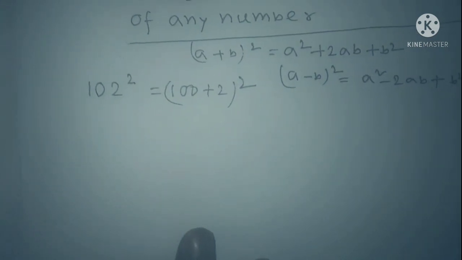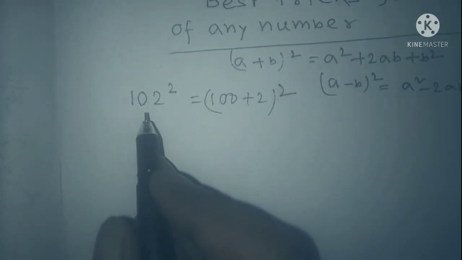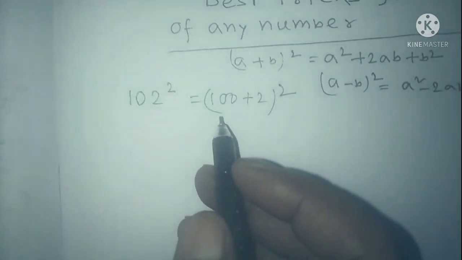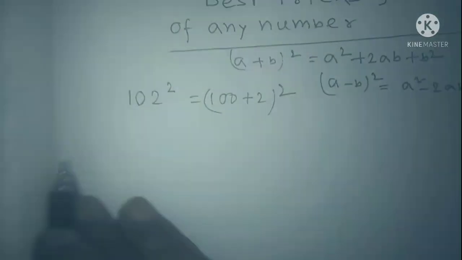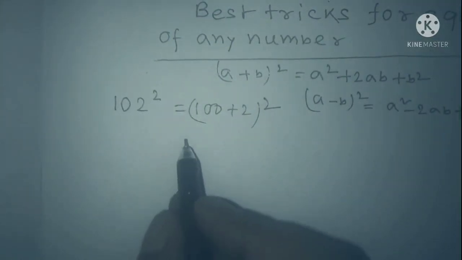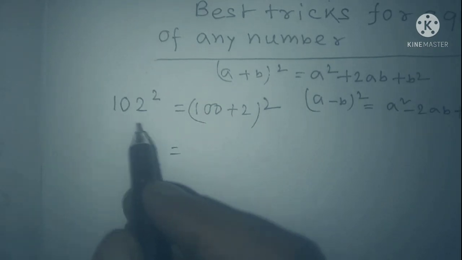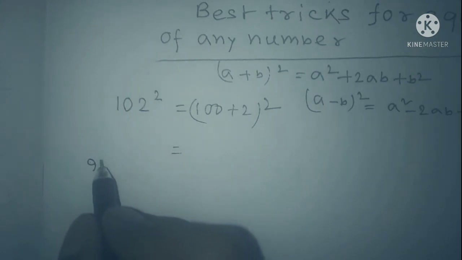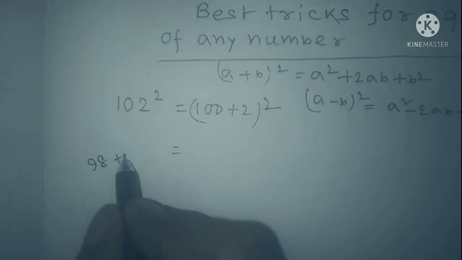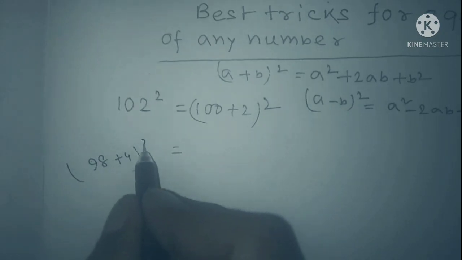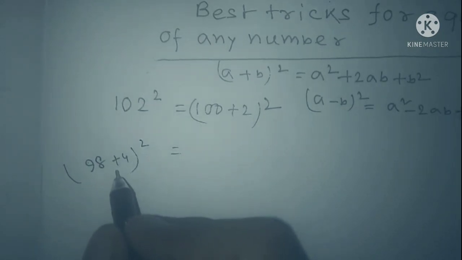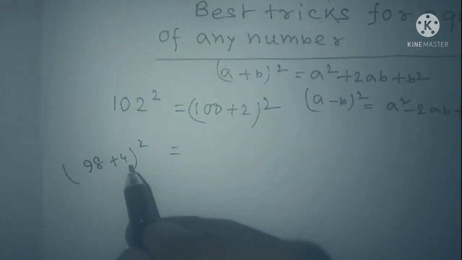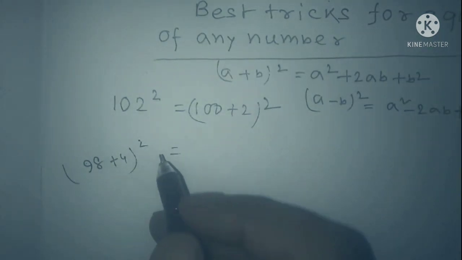So my dear students, if you calculate the square of 102, first of all you have to break it into 100 plus 2. You could also write 98 plus 4 whole square, which is also right, but if you break it into 98 plus 4, I think your calculation will be so hard.